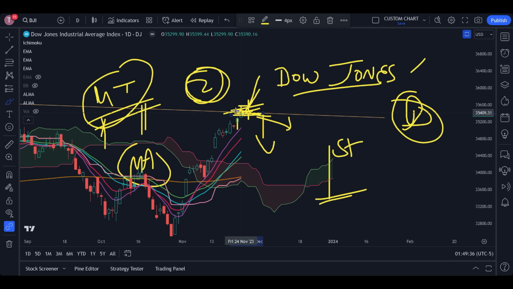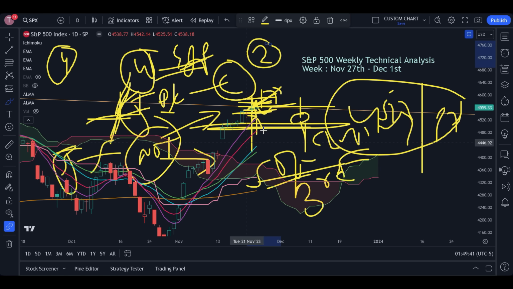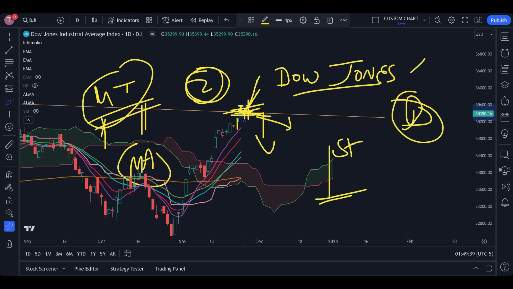Otherwise, no. But if there comes a closing below the trend line on Monday in both of these indices, then only 100%, 200%, 500% manipulation can help the S&P 500 and the Dow Jones to sustain. Otherwise, no power in the world, technically or logically, can help them sustain.